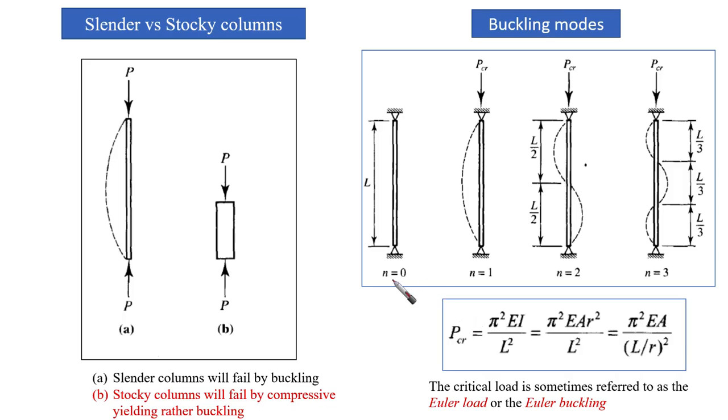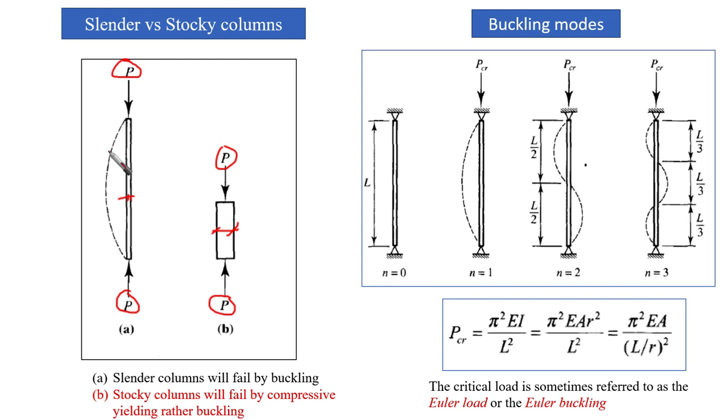Now let's go to the column theory and try to understand more about it. First of all, whenever you put the same compressive loading on two different types of columns, one is so thin and the other one is stocky, thicker than the first one, you can see by your eyes that when we apply the same loading, you are expecting this thin or slender column to buckle.